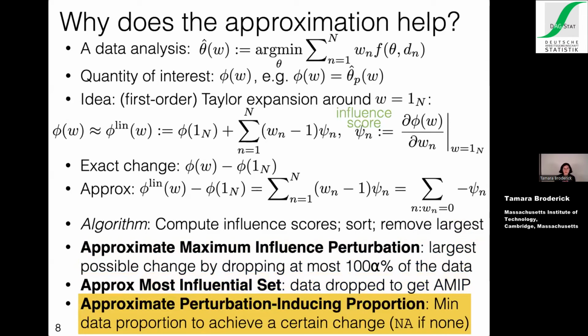Again, another way to look at this is we're interested in the minimum data proportion to achieve a certain change. So then what we can do is start by removing the largest influence score and ask, did we achieve that change? If not, we remove the second largest influence score and ask, now did we achieve that change? And we keep doing this until we achieve the change that we were concerned about, or we eventually remove all the data and we say, hey, we weren't able to achieve that change.